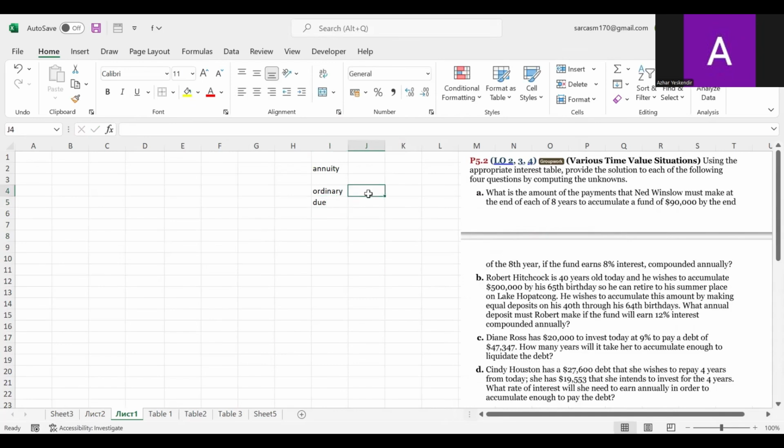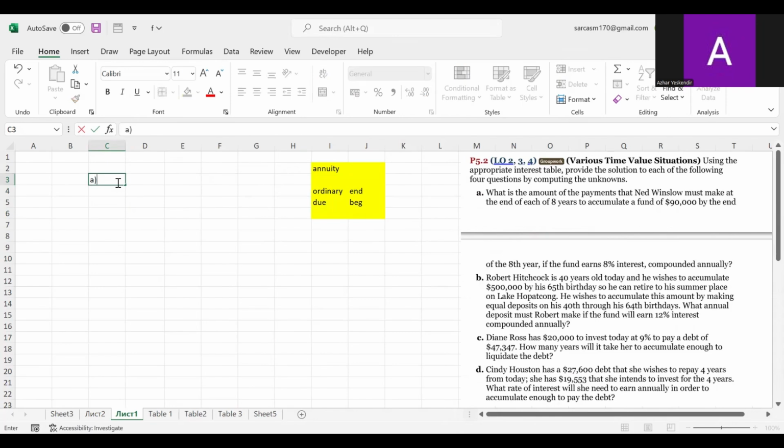Ordinary is when payments are made at the end of each period. End. And annuity due is when it's in the beginning. Beginning. This rule we have to keep in mind while solving. All right, so let's begin.